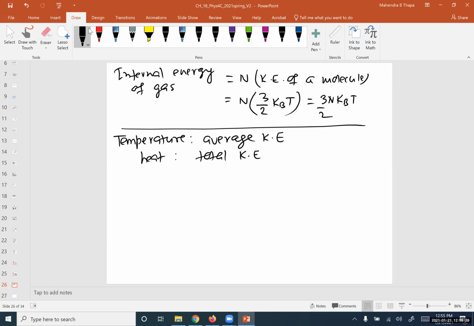Okay, so just take one example. You have a bucket. It has a lot of water molecules. We have a spoonful of water. So its temperature is 80 degrees centigrade. These are water molecules.